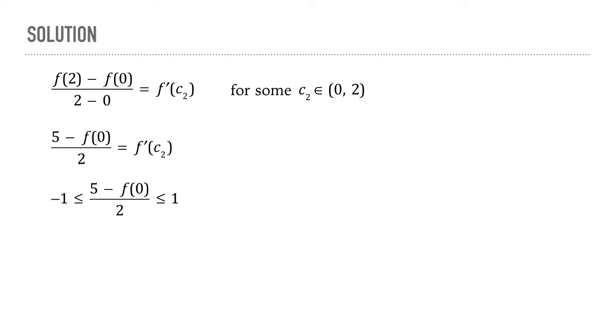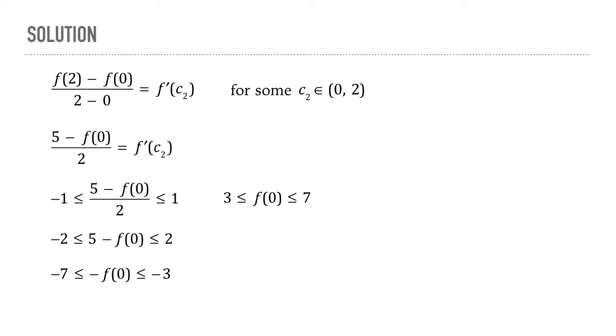Now multiplying throughout with 2, we can say that 5 minus f(0) lies between -2 and +2. So therefore, we can subtract 5 throughout and say that f(0) must lie between 3 and 7.